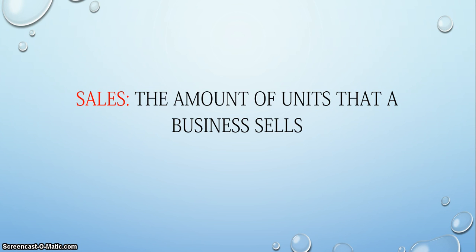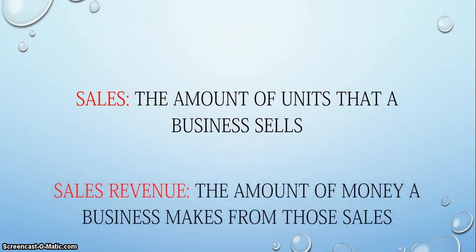If a company is speaking about sales, that's the amount of units that a business sells. So what are your sales? 500 units a month, 1,000 units a year, 10,000 every day, whatever it is. So sales, quite simply, is the amount of units that you sell on a regular basis.